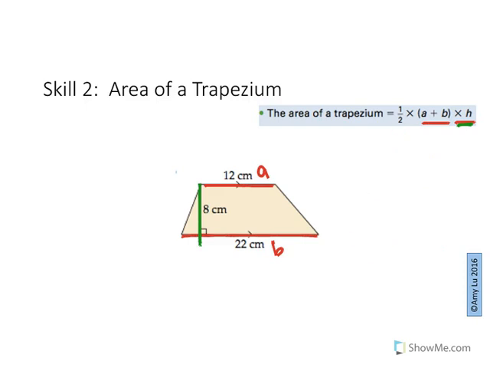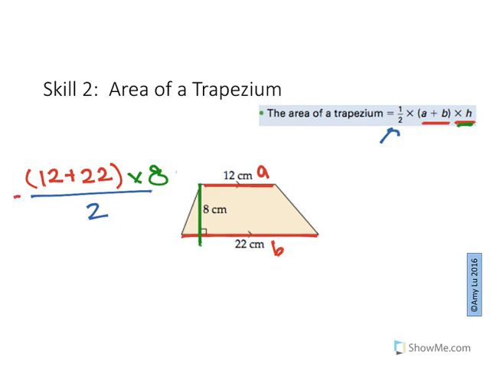So what we have to do here is take the two parallel sides, 12 plus 22, multiply it by the vertical height, 8, and then divide it all by 2.